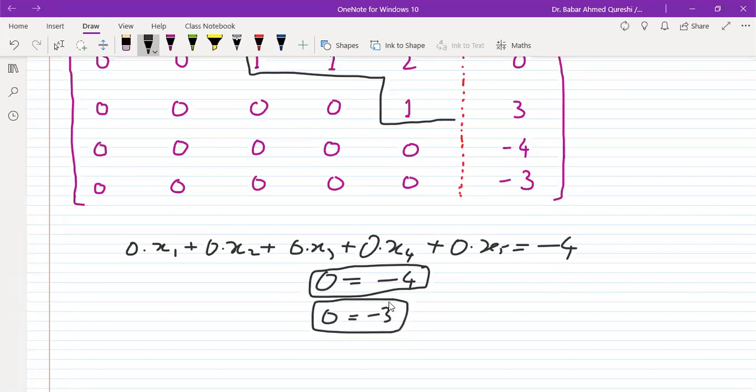What would that mean? Can 0 be minus 4? Yeah, that means that the information which was given to us in the equations was inconsistent. It didn't make any sense. So you cannot find 5 variables which satisfy these equations. That leads to absurdities. There are no 5 variables which have these relations between them.